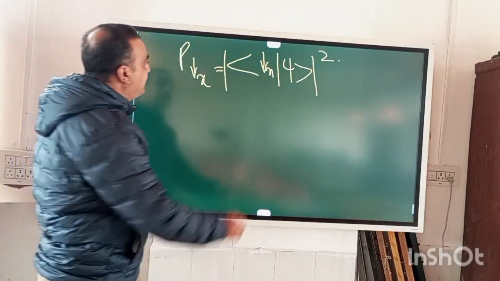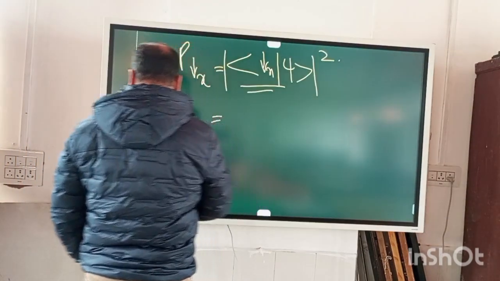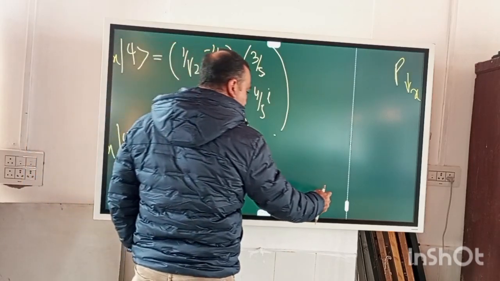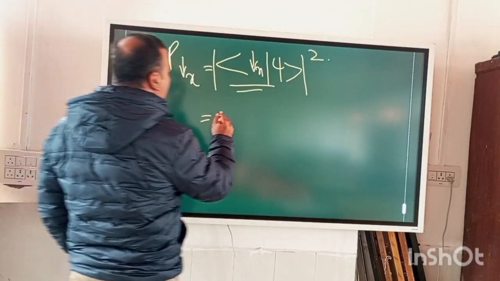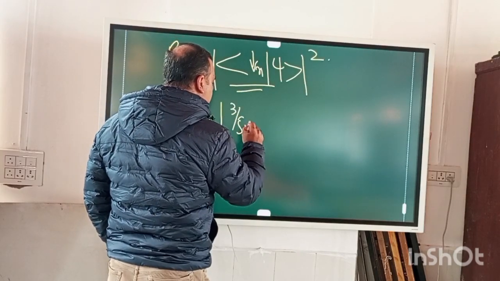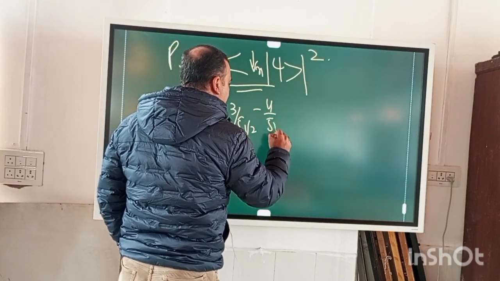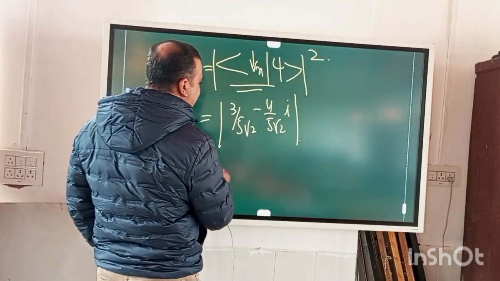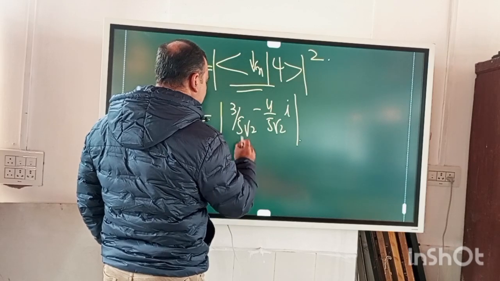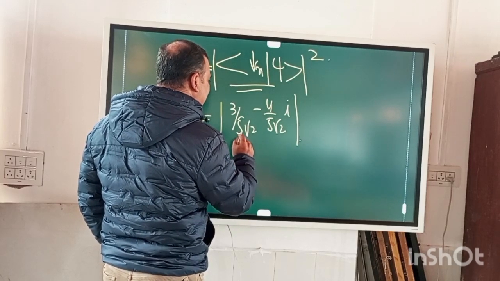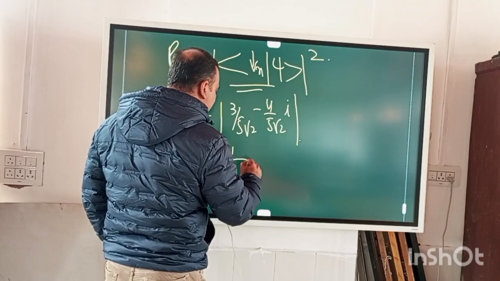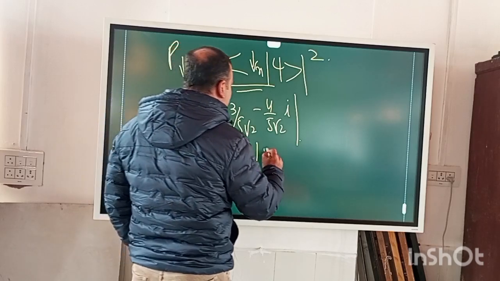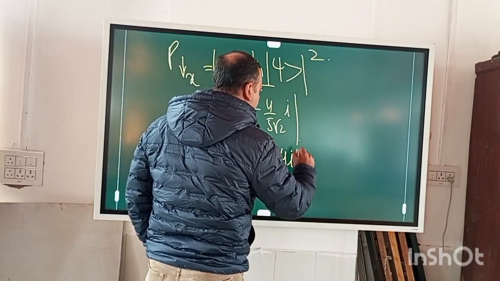This is already calculated: 3 by 5 root 2 minus 4i by 5 root 2. The probability will be the same in this case, because outside I'll have 5 root 2 under the whole square, and inside I'll have 3 minus 4i whole square.